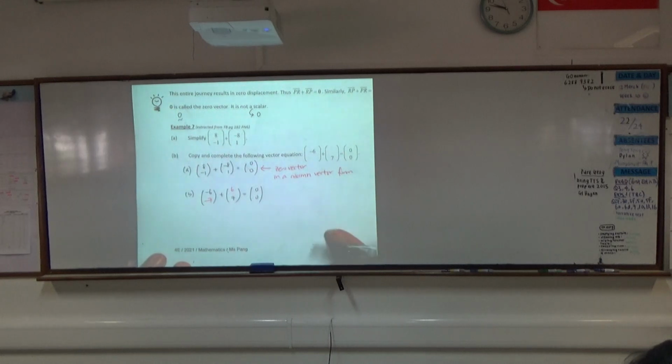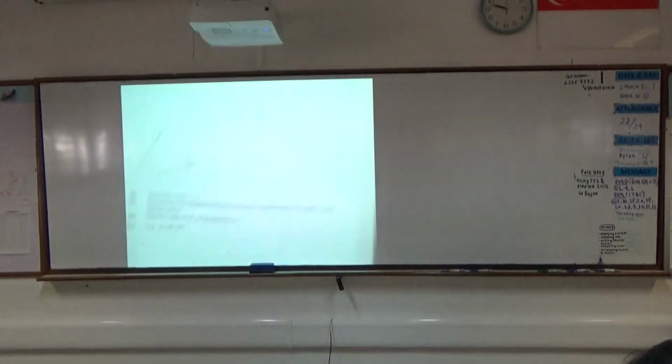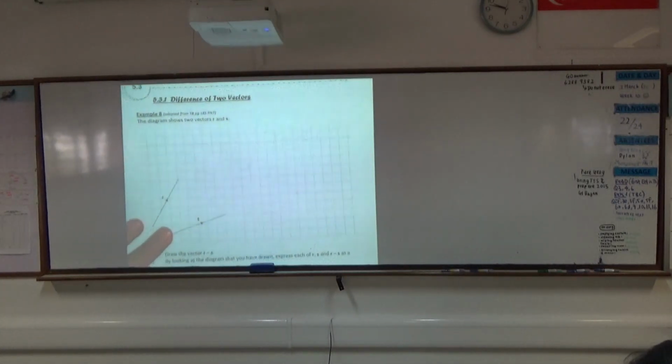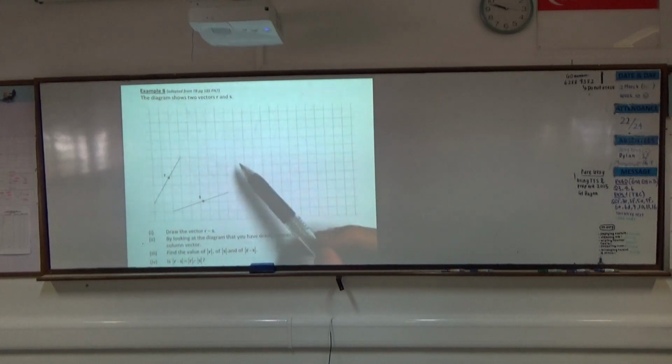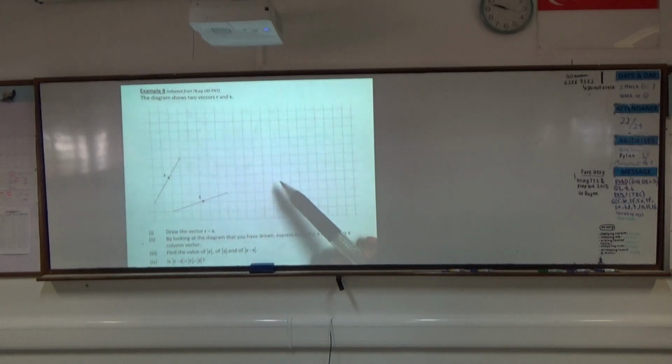Now that we have understood the addition of vectors, let's look at the difference of vectors. The diagram shows two vectors R and S. For vectors R and S, we can use our triangle law as well to draw.